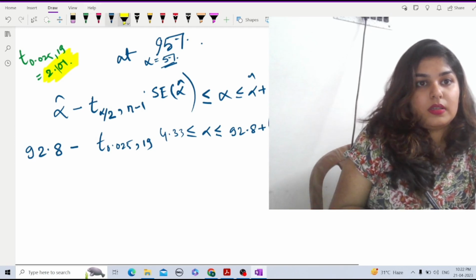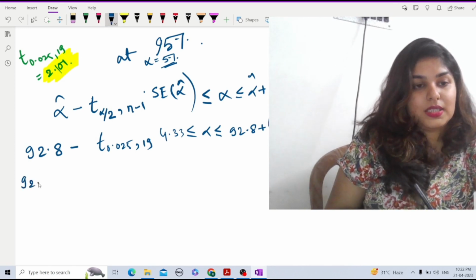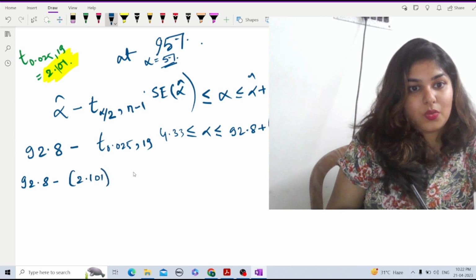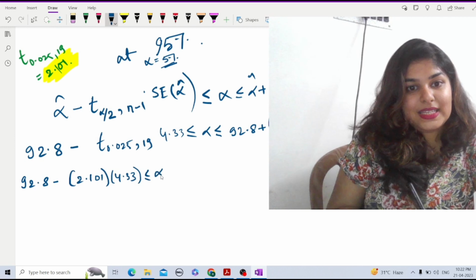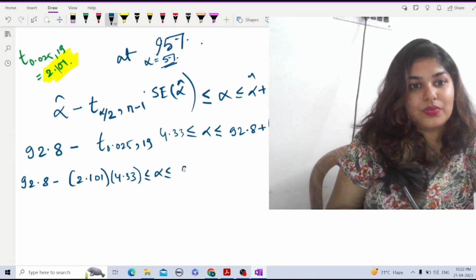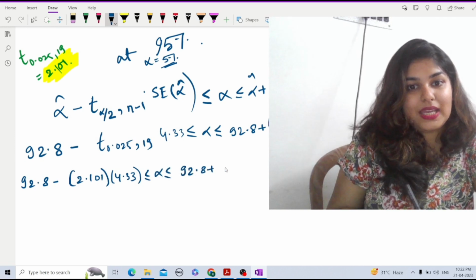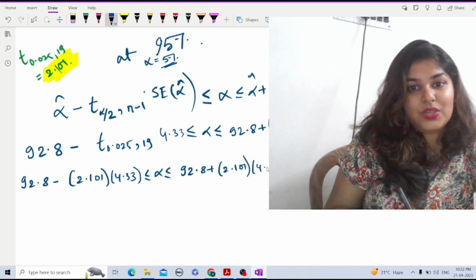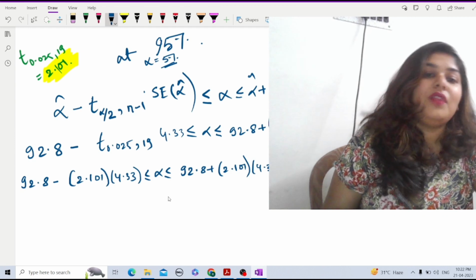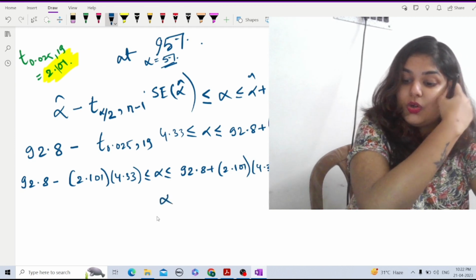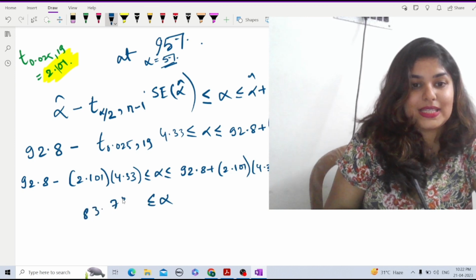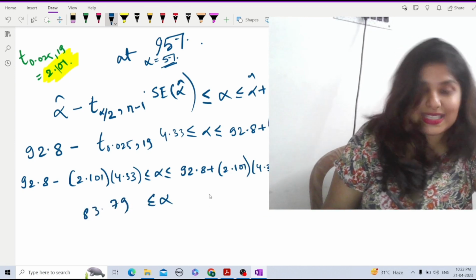So let us calculate now. 92.8 minus 2.101 into 4.33 less than equals to alpha less than equals to 92.8 plus again 2.101 into 4.33. Now all we need to do is just calculate, and after calculation we will get this as 83.79 less than equals to alpha less than equals to.